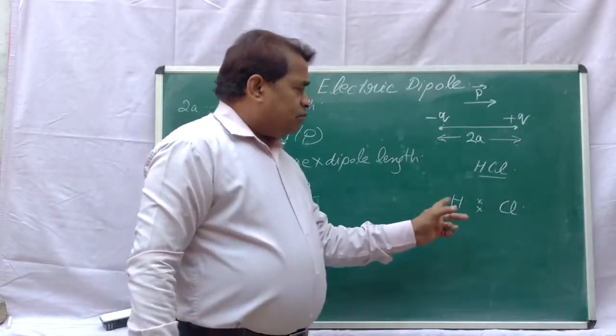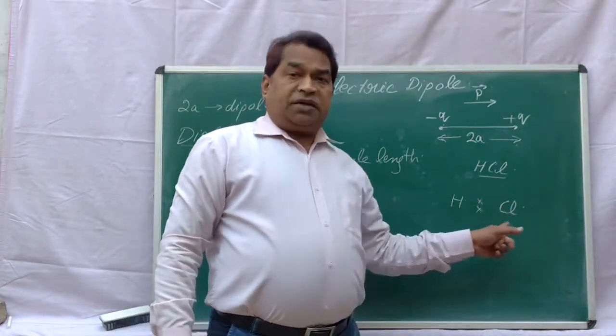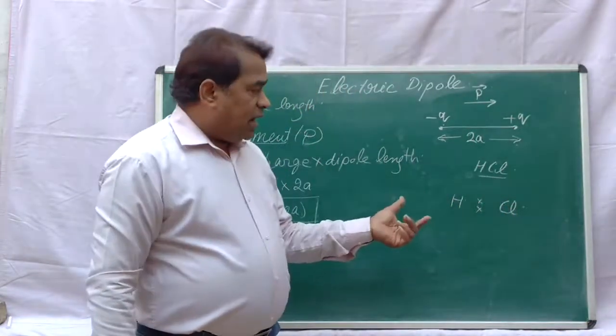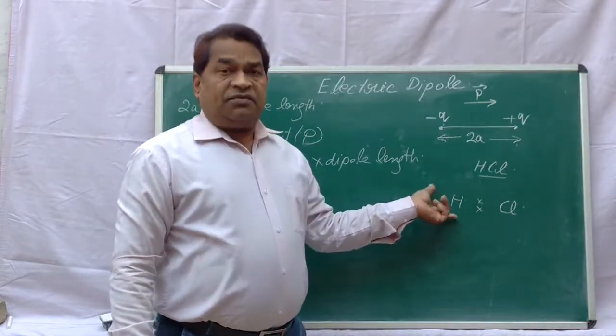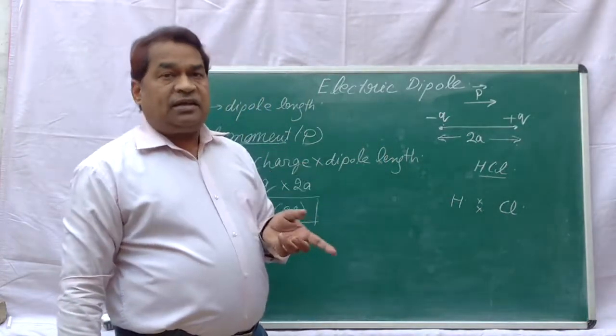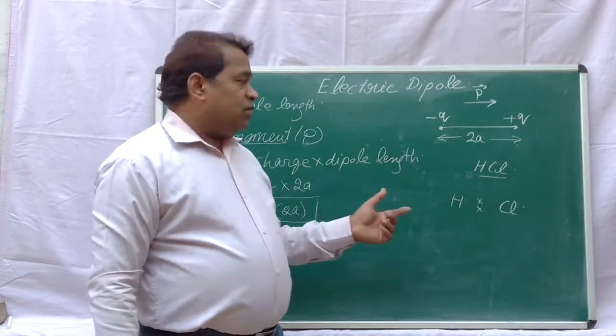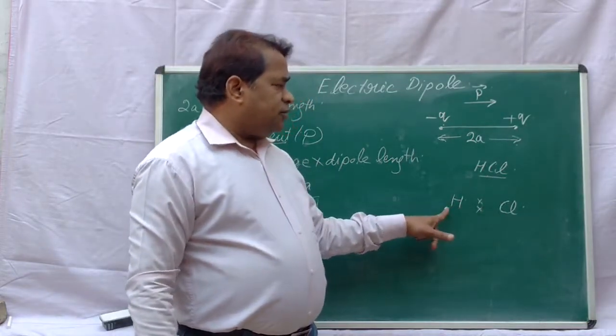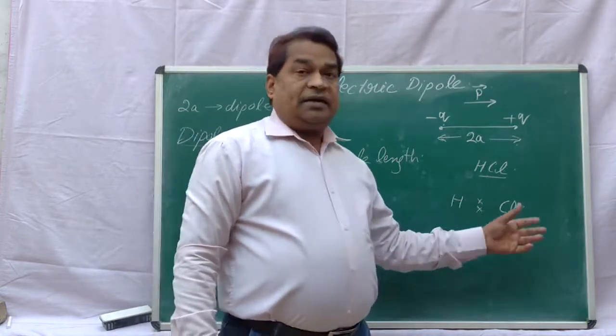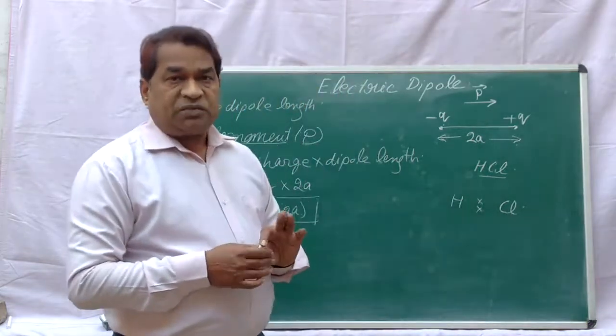Like this, the octet of the chlorine atom is completed, and hydrogen has only the first orbit, which can accommodate only 2 electrons. So the 2 electrons of hydrogen are complete and the 8 electrons of chlorine are complete.